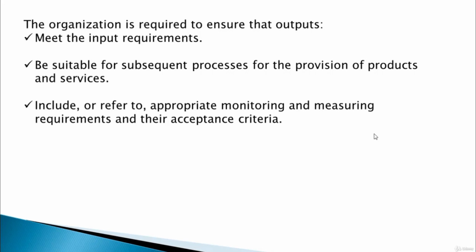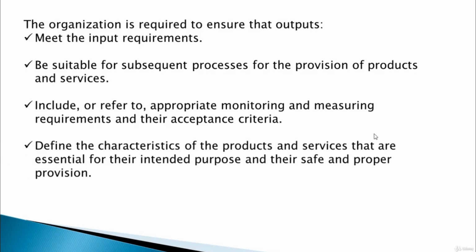The organization is also required to ensure that outputs define the characteristics of the products and services that are essential for their intended purpose and their safe and proper provision. In other words, the products or service should function as intended, and the organization should fully understand if the product or service is safe and properly functioning.